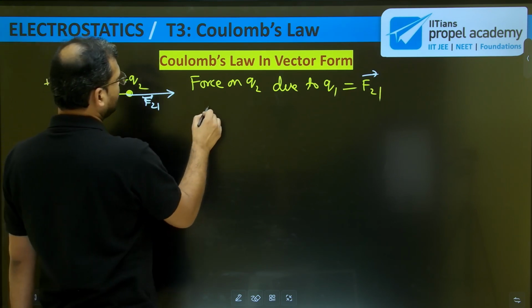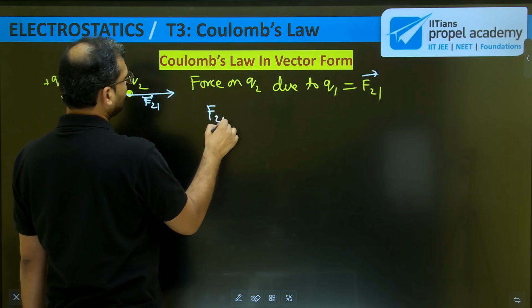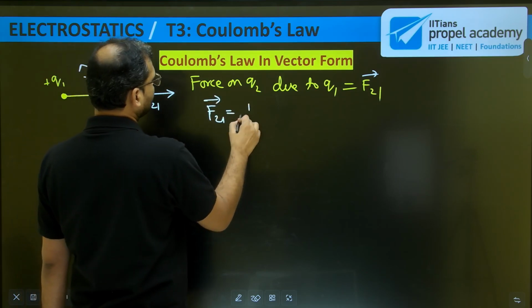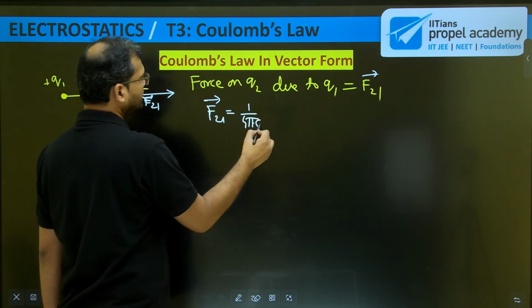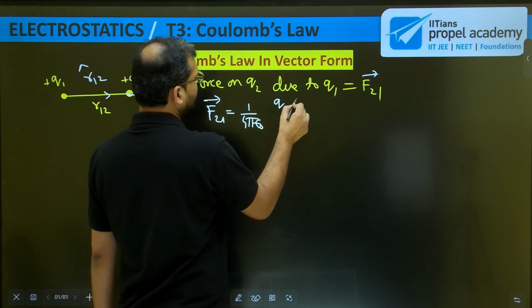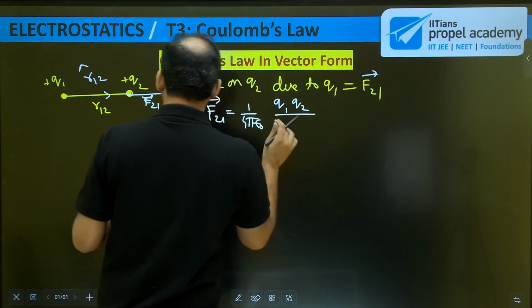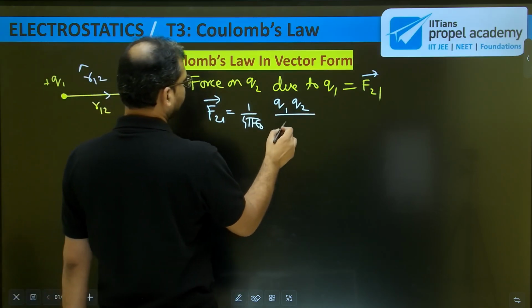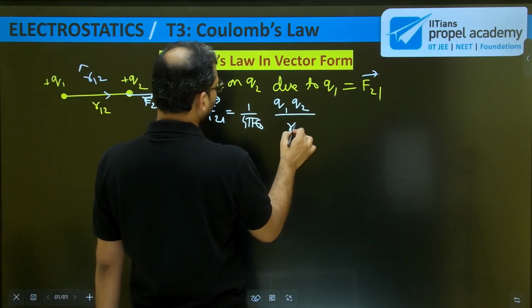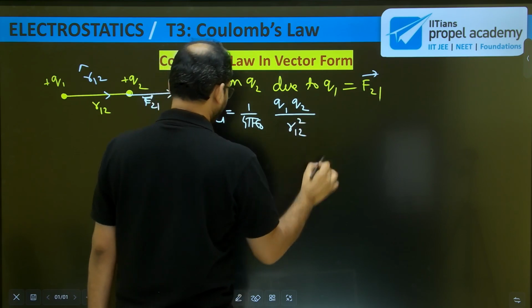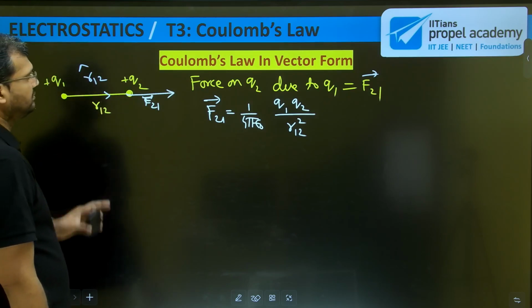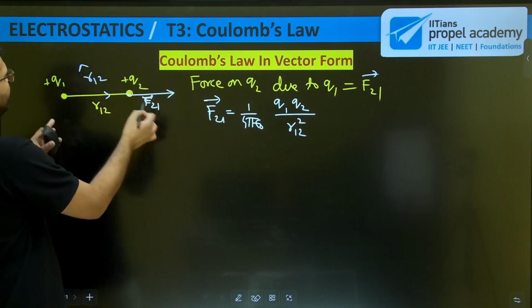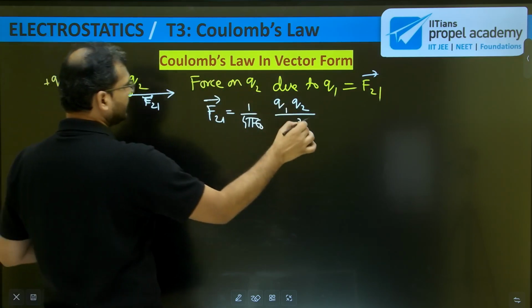Now I will write F21 bar equals 1 by 4 pi epsilon naught Q1 Q2 by the distance between them. What is this distance? R12 squared, because that's the distance between them, and then I'll write a unit vector in this direction. What is that unit vector?